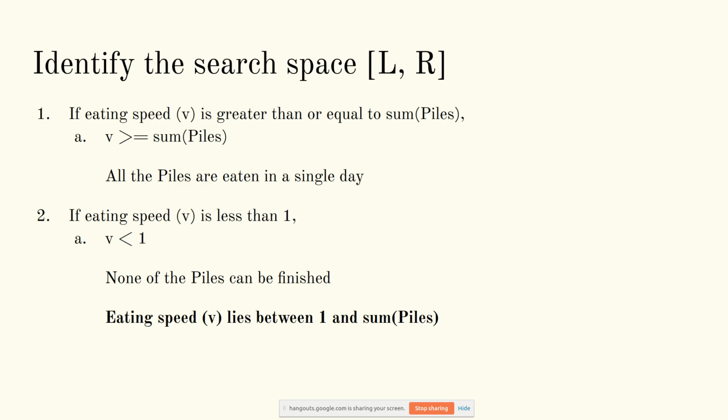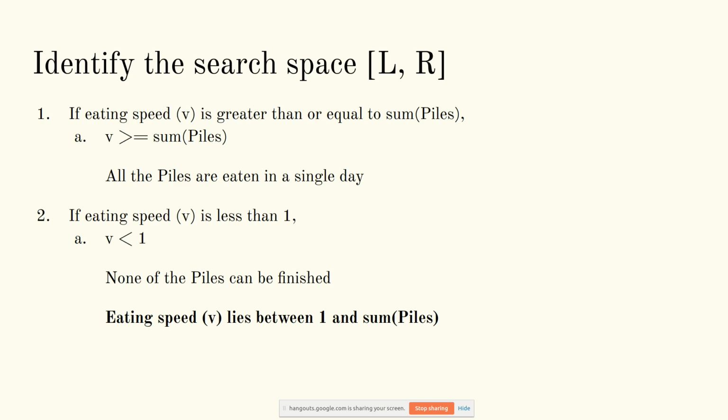Another extreme is that none of the piles can be finished. So when the eating speed is less than 1, that is we are not eating at all, the bananas are left, and our objective will not be fulfilled.